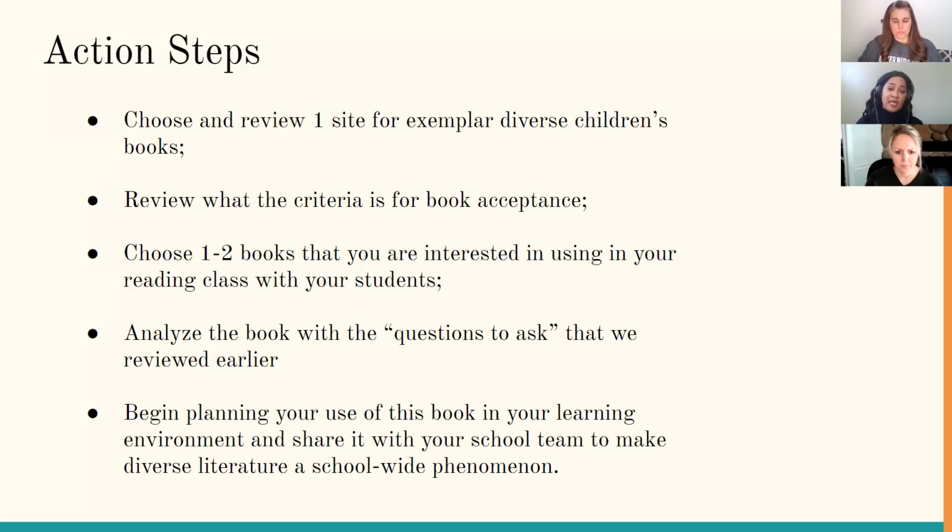So go to that website, review the criteria, choose 1 or 2 books that you're interested in using in your class, and then analyze that book with the questions to ask that we reviewed earlier. Then begin planning to use this book in your learning environment and share it with your school team so that using diverse literature is a school-wide phenomenon.